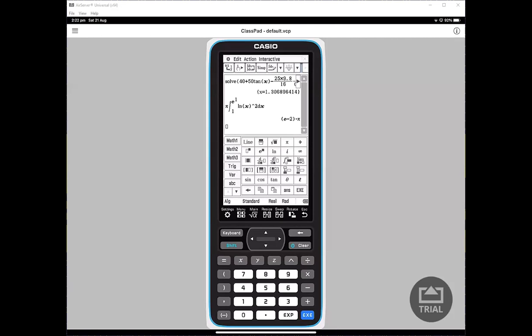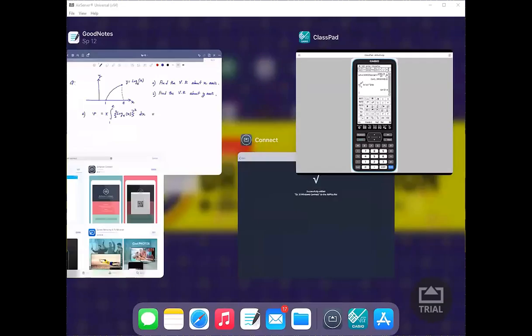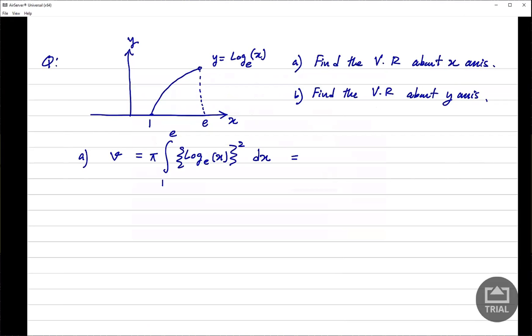So it would be e minus 2 pi. So it would be e minus 2 pi. So that's all good.